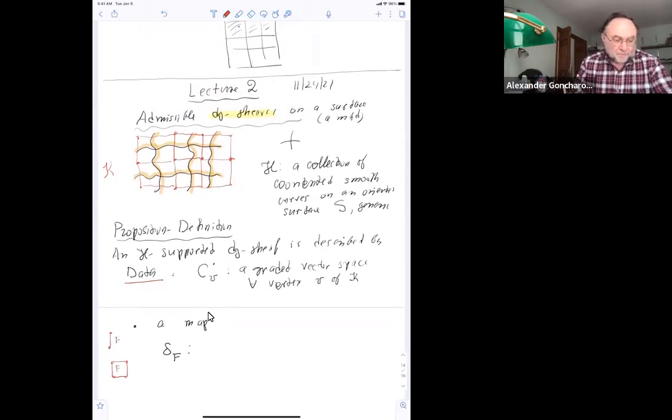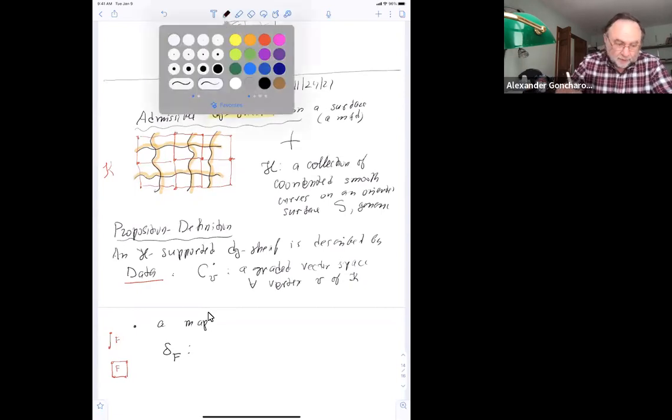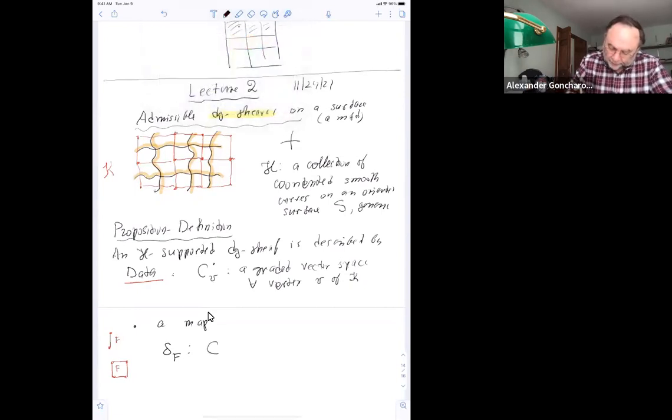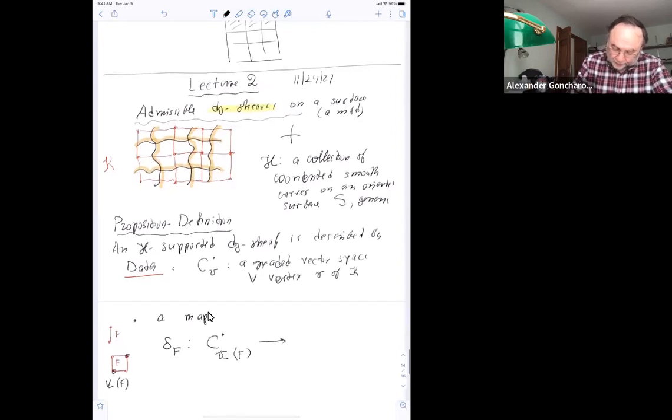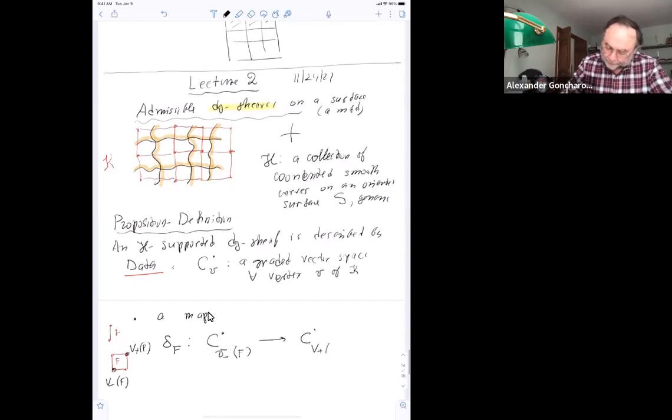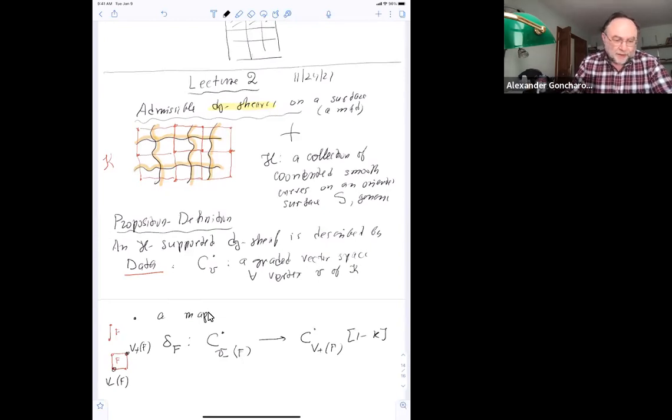And so I have a map which goes from the complex which sits in the bottom left vertex here, this vertex V minus of F, to the one which sits on the top right, V plus of F. And this map actually shifts degree by 1 minus k, where k is the dimension of this face.